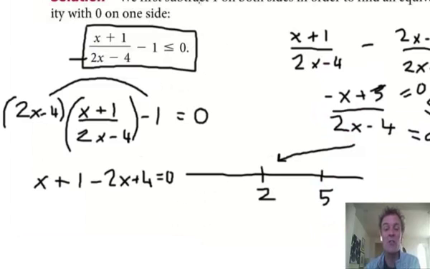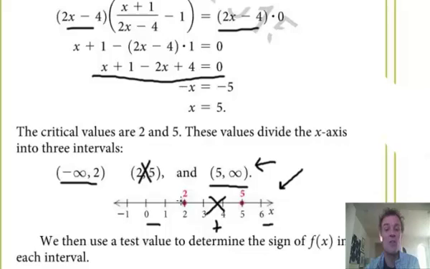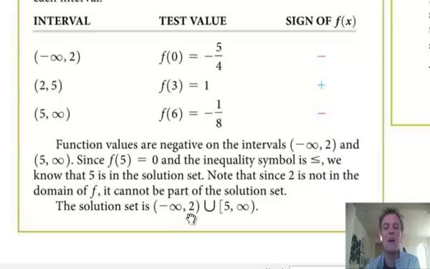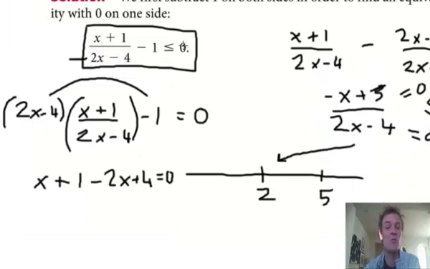Well, that's because the 2 has come from a denominator. We found that 2 from a denominator. Denominators cannot equal 0. So you can't have the equal sign, you can't have a bracket, therefore we write it as a parenthesis. So remember that, looking at denominators. You can never have a bracket there, even though the question has an equal sign.